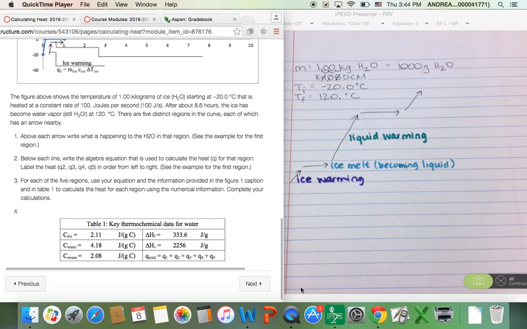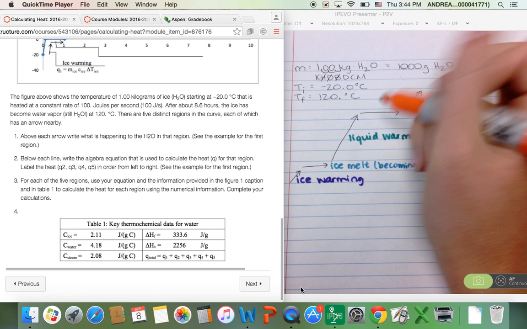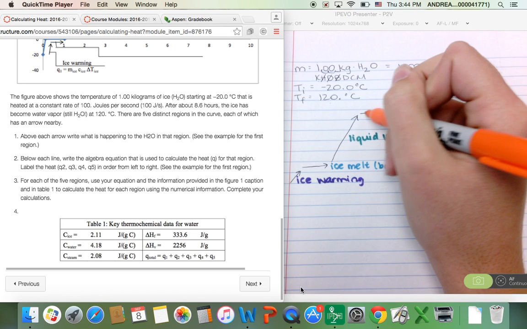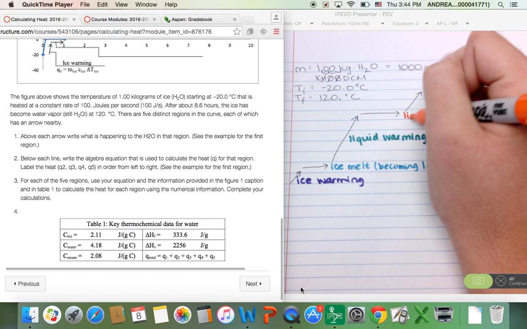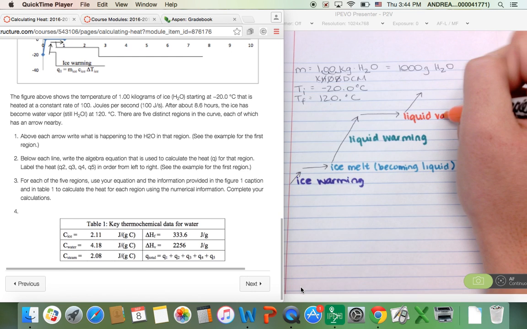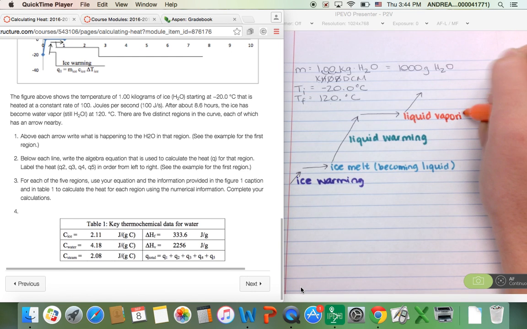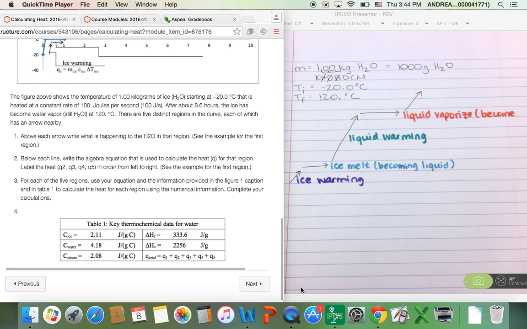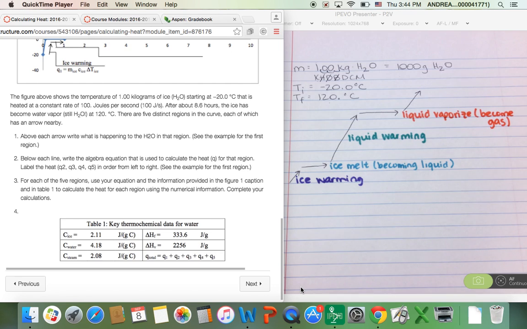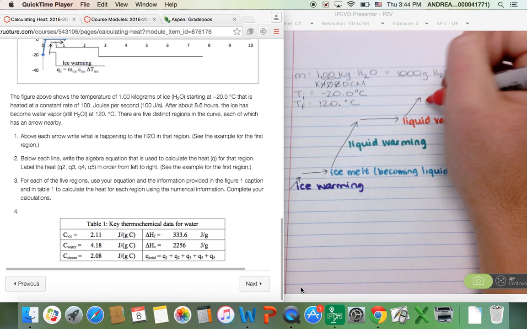And then as we get warmer, at this line, the liquid is going to vaporize. Remember, vaporize means to become a gas. Then the last arrow is where the vapor is going to be warming.